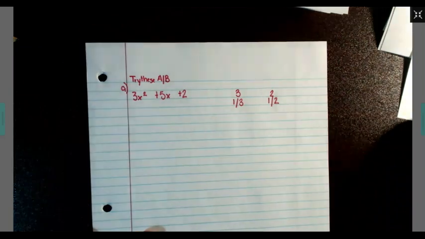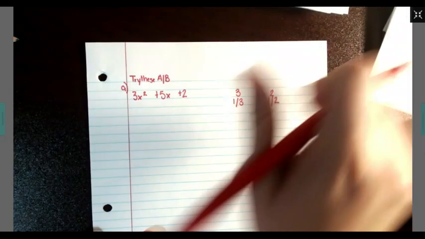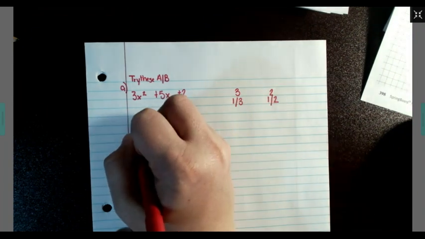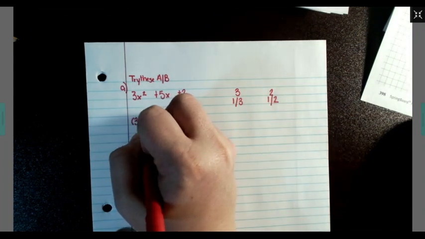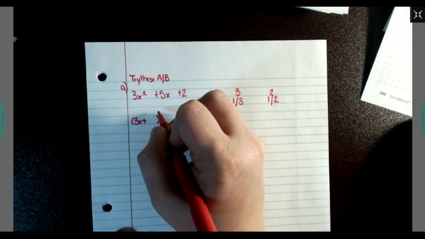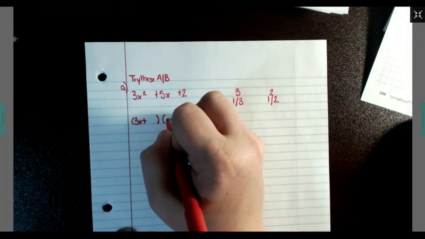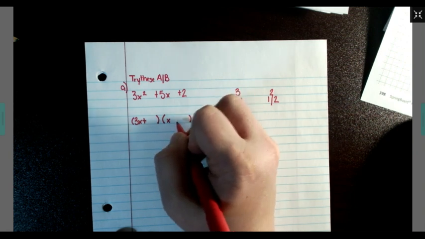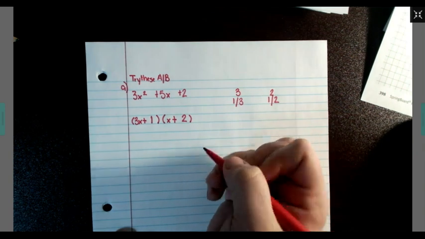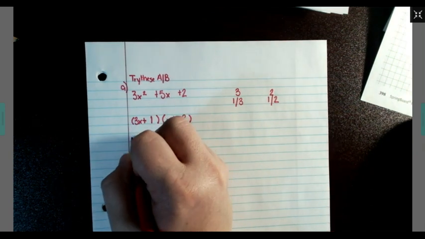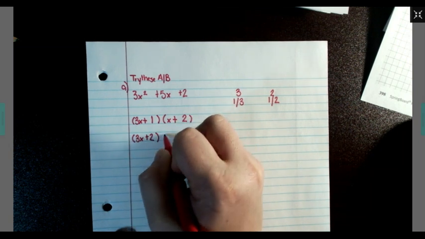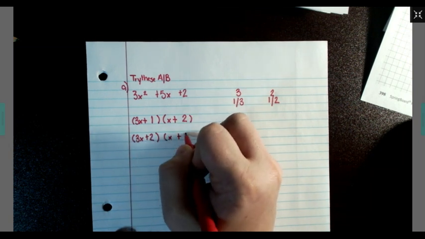So these could possibly be in the form of 3x plus, x plus, and then it can either be 1 and 2 this way, or we could do the reverse and have 2 here, 1 here.